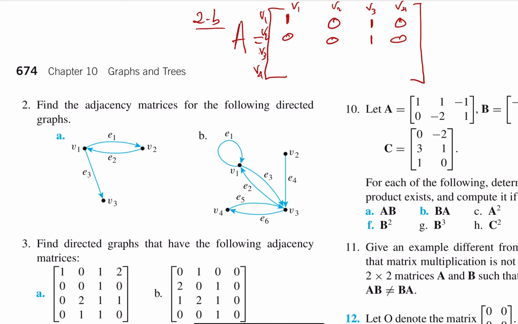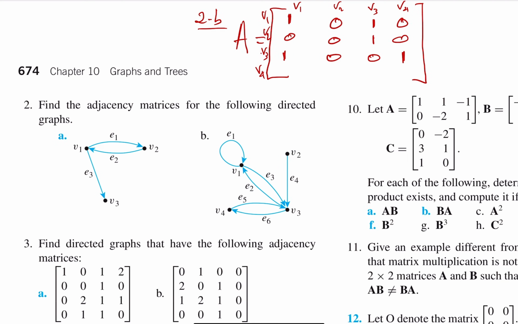Now V3, V1, we have only one, it is 1. V3, V2, we have no direction, and V3 we don't have a loop at the vertex, it is 0. V3, V4, we have 1.